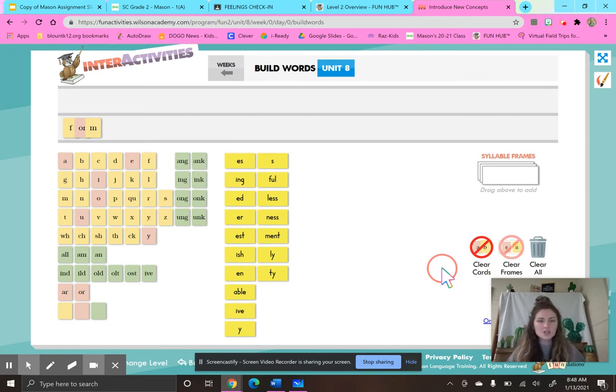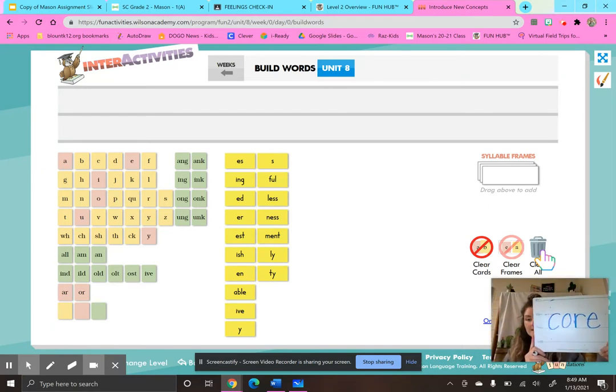Now, I'm going to show you an example of a word that has the sound or in it, but it has something different. This is the word core.